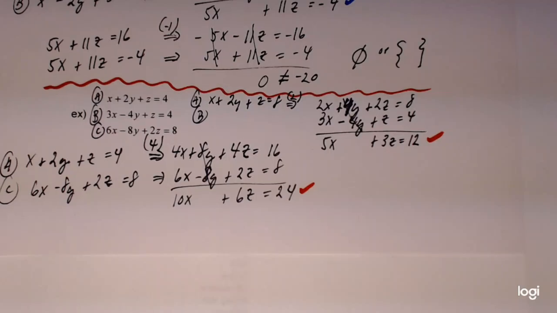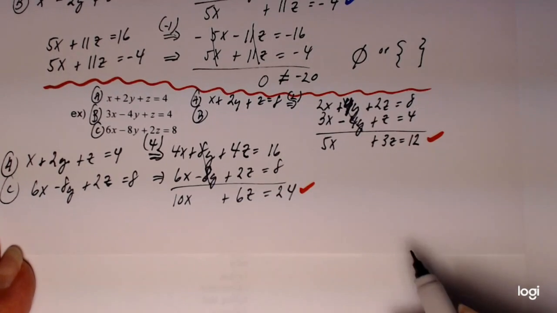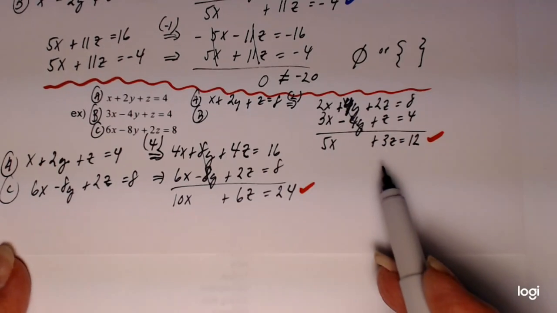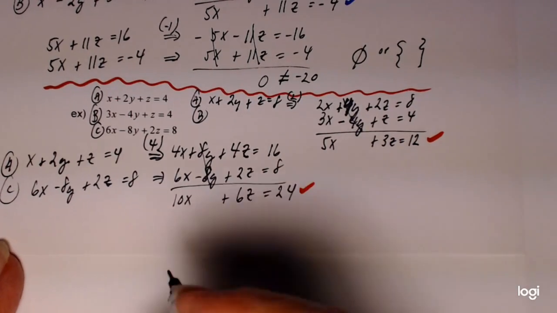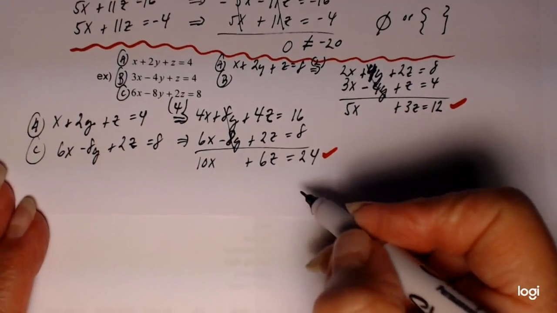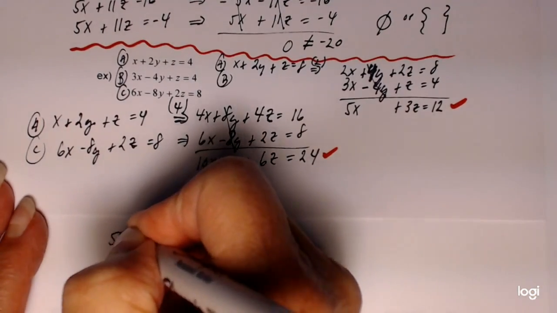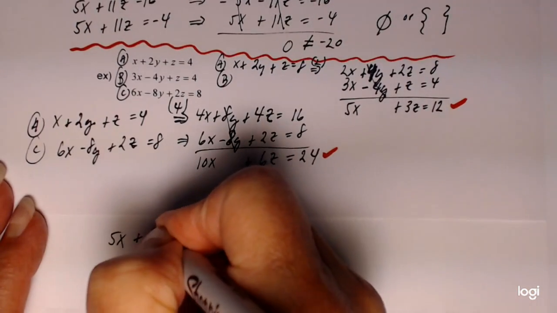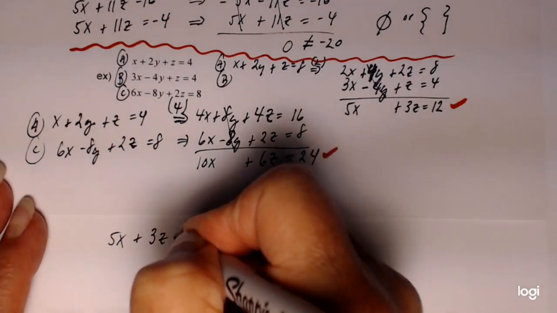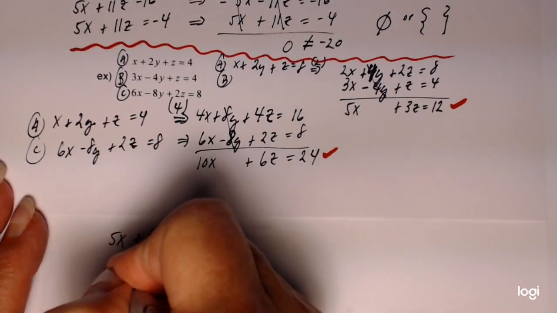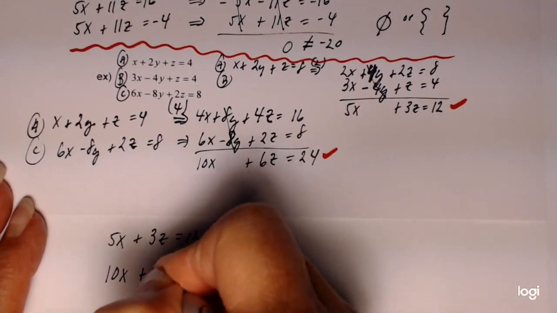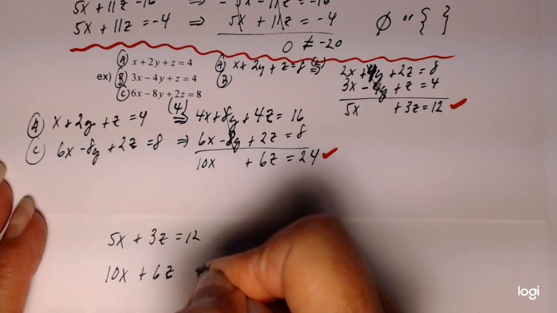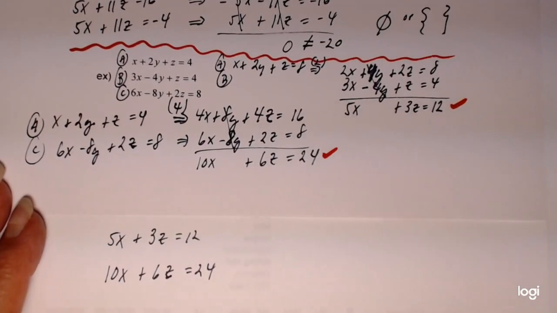We have to continue with our elimination. Down here we have 5x plus 3z equals 12 and 10x plus 6z equals 24.